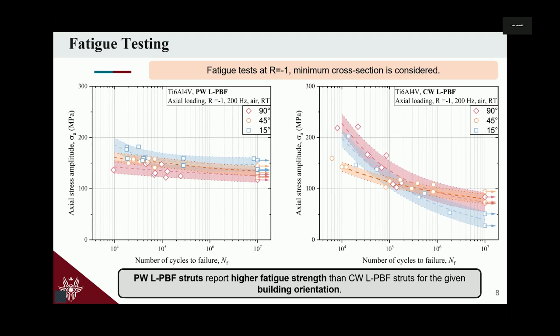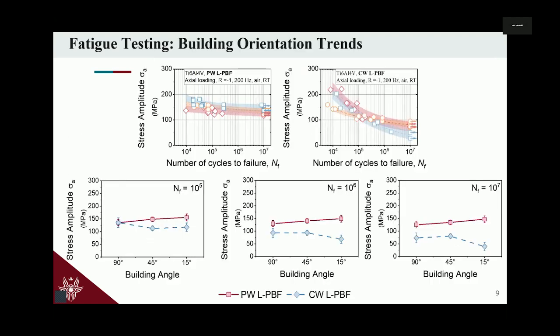In particular, pulsed wave reports better fatigue behavior with respect to continuous wave laser powder bed fusion specimens. This is probably more visible here in the trends at fixed numbers of cycles.